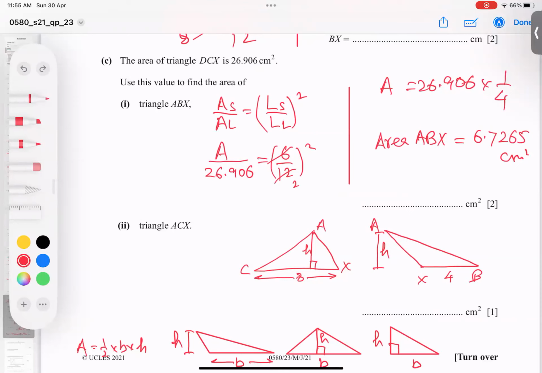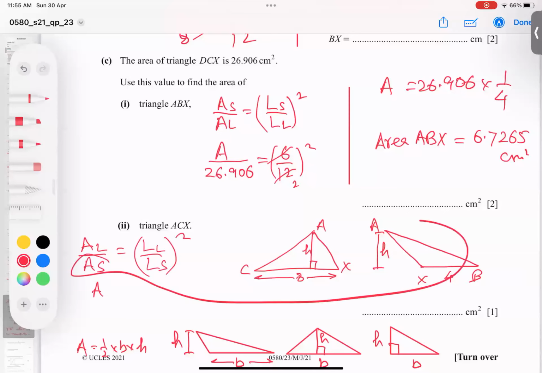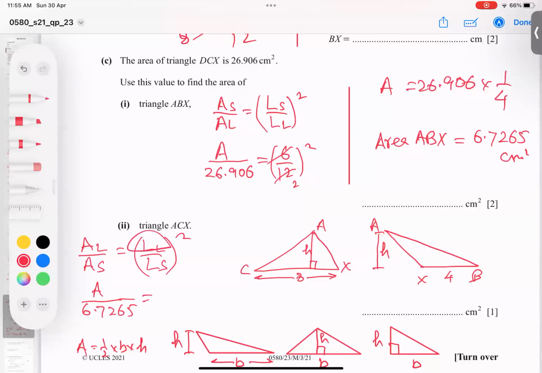And what is the basic criteria? Area of the large diagram by area of the small equals length of the large by length of the small, and put square. Area of the large is my target, I'm leaving it as it is. Area of the small, I have it, I'm writing it below, 6.7265. And the length of the large is 8, and the length of the small is 4, and put the square here.